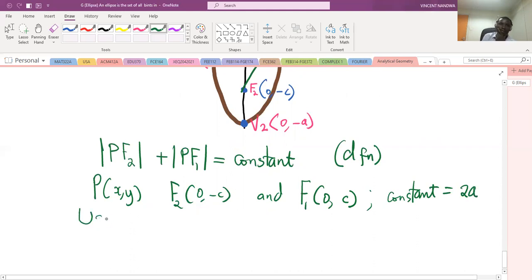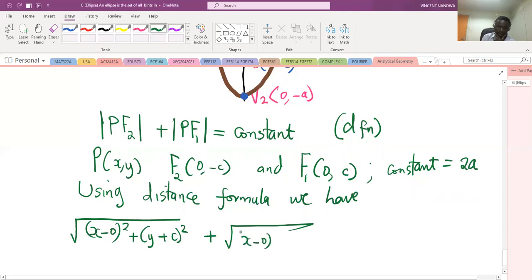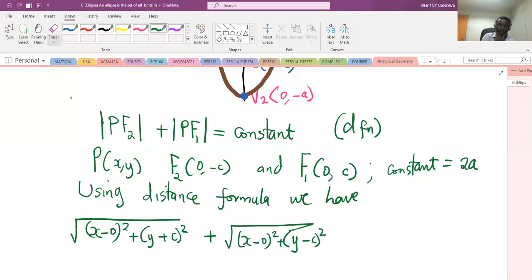So using the distance formula for the distance between two points in a plane, the distance from P to F2 will be given by the square root of x minus 0 squared plus y plus c squared, plus the square root of x minus 0 squared plus y minus c squared. That should give us the constant, which is 2a.